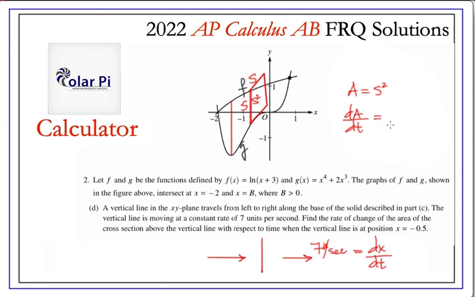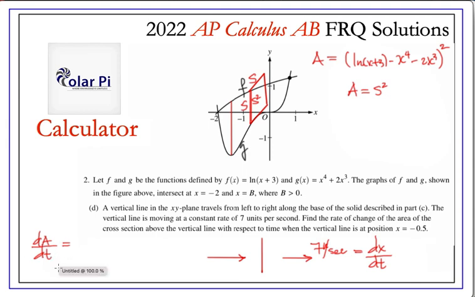So then dA/dt is going to equal, since s squared is going to have us write that A is equal to s's f minus g. So that's ln of (x plus 3) minus x to the 4th minus 2x cubed. So I needed some space. So dA/dt is going to be equal to 2 times ln of (x plus 3) minus x to the 4th minus 2x cubed to the 1st. I'm applying chain rule.